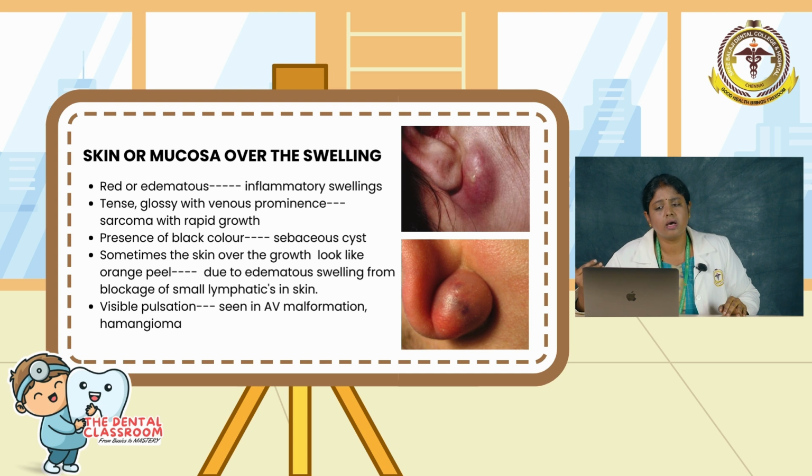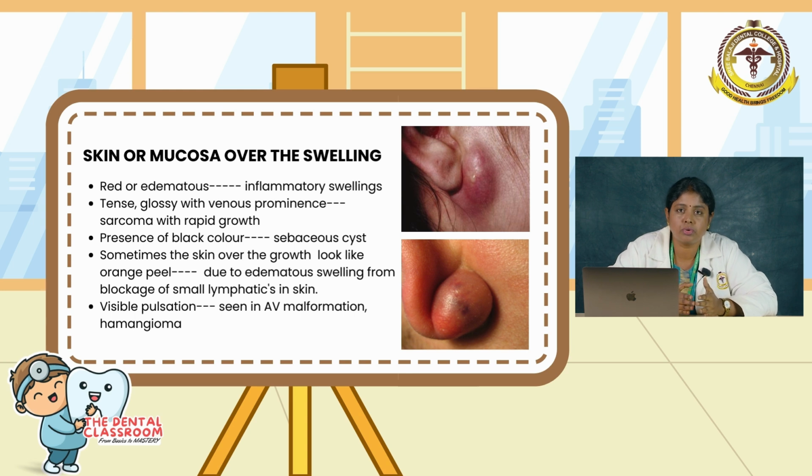So the skin can be red and edematous in case of inflammatory swelling, or it can be stretched and shiny. Generally any rapidly growing swelling will have this stretched and shiny appearance. So that has to ring a bell in your mind that the swelling is growing very fast.